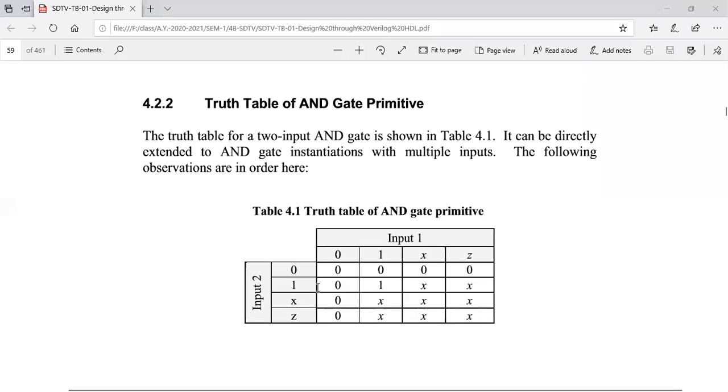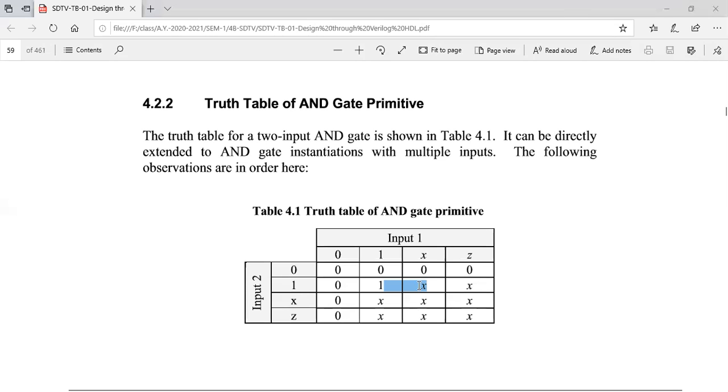You can see here for 1 0, it is also 0. For 1 and 1, it is an AND gate, so it has to produce a 1 there. For 1 and x, for an AND gate, if one of the inputs is 1, the other input you give will be going to the output.